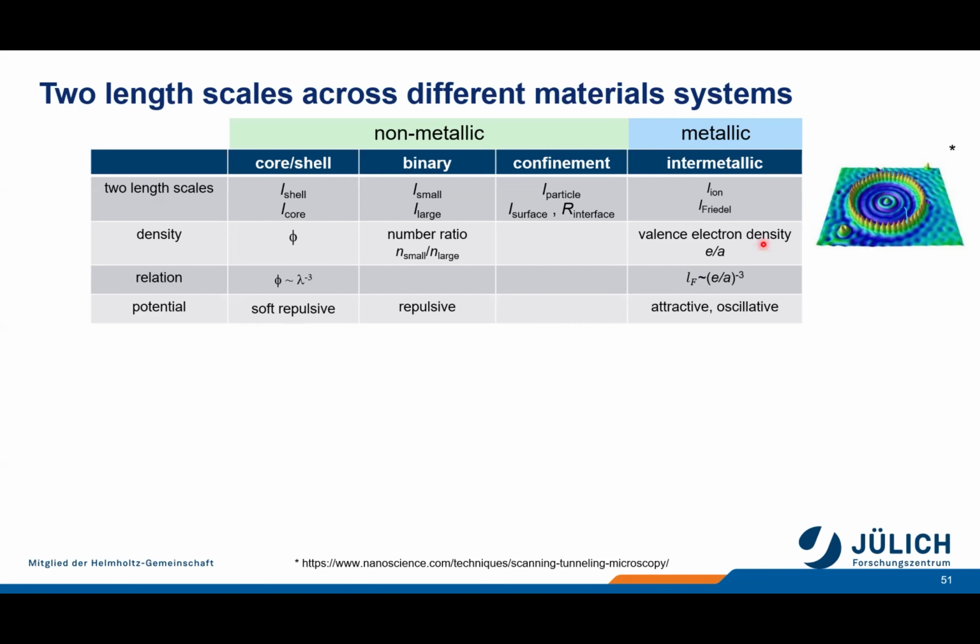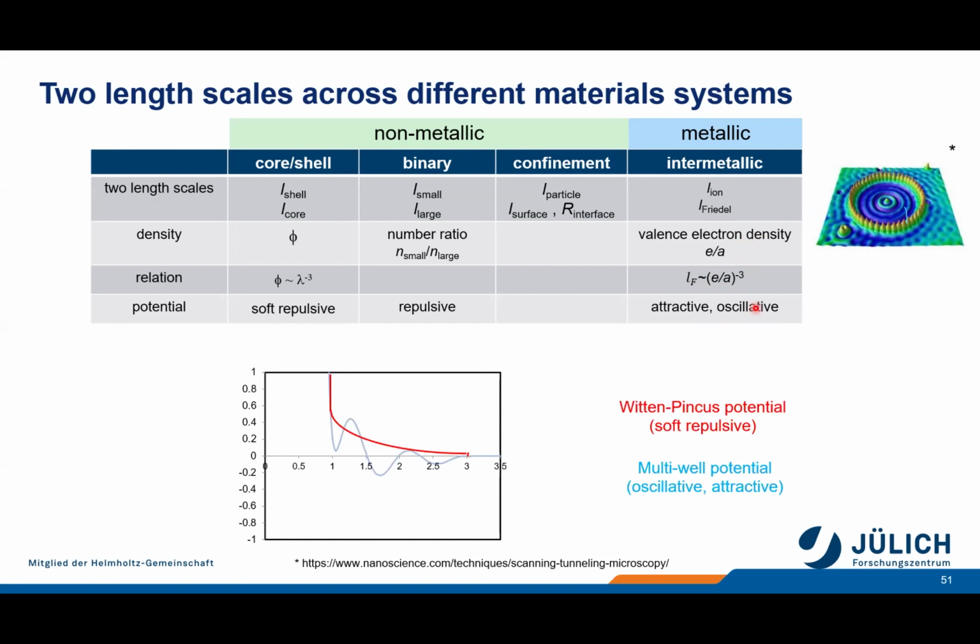This is why the metal guys have this complicated ternary or even more complicated alloys. Similarly, this length scale ratio has a relation to the electron density. And these are attractive oscillating potentials. However, one can show that by Boltzmann inversion, one can get a direct relation between them. So this is not a contradiction, but you could have both things together in order to form this two length scale repulsive interaction and minimize energy.